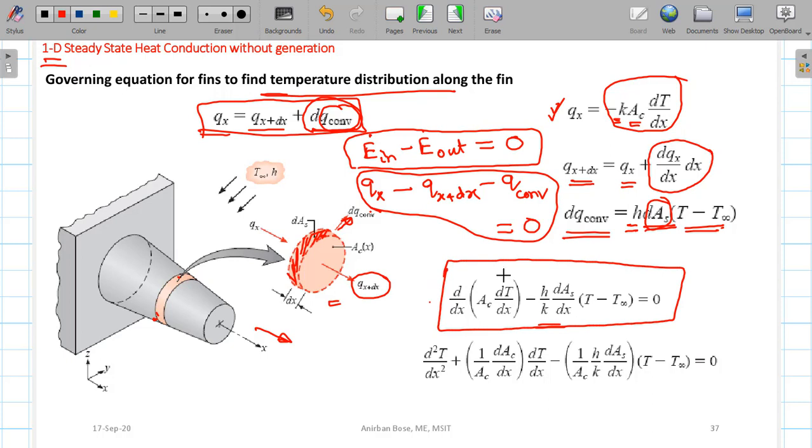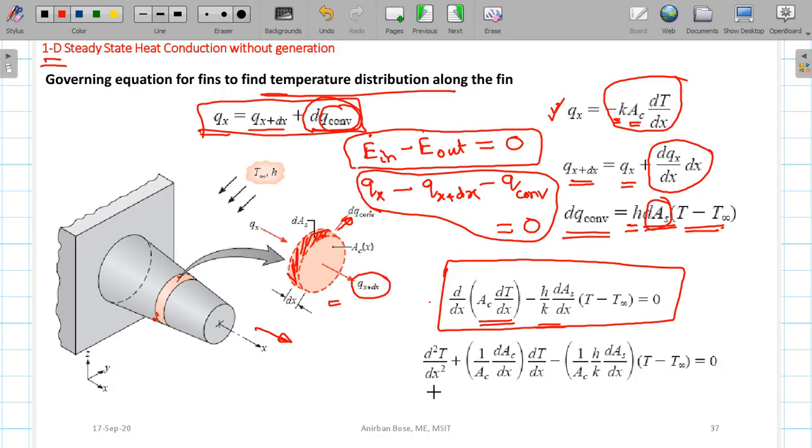This is the governing differential equation to find the temperature distribution along x in the fin. If you now expand this differentiation using the product differentiation formula, you consider the first quantity constant and differentiate the second, then the second constant and differentiate the first.